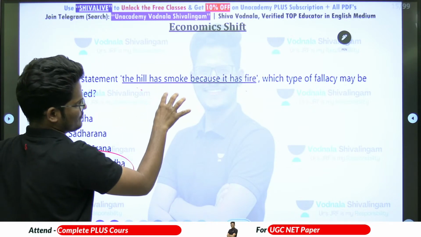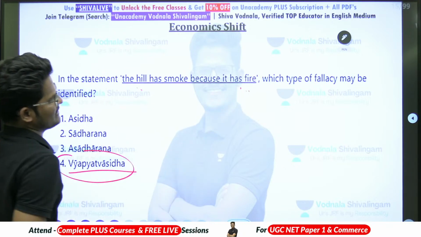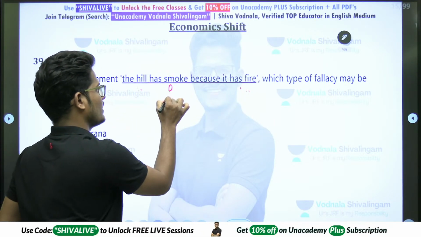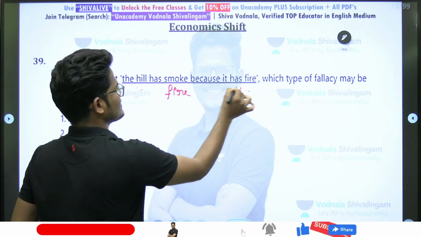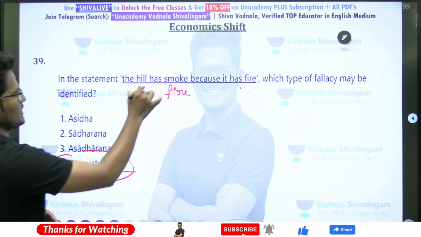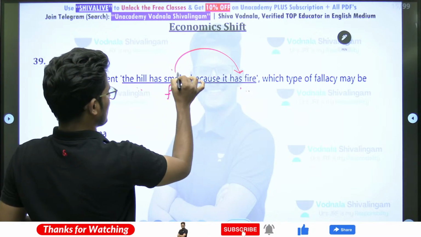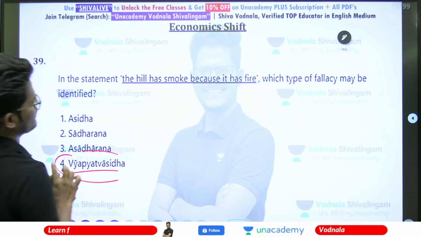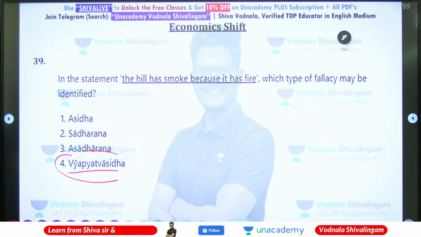The reason is that the hill has a fire because it has a smoke. That is how the sentence has to be. So here the minor and middle term have been exchanged, or else it would be the proper sentence, I would say.